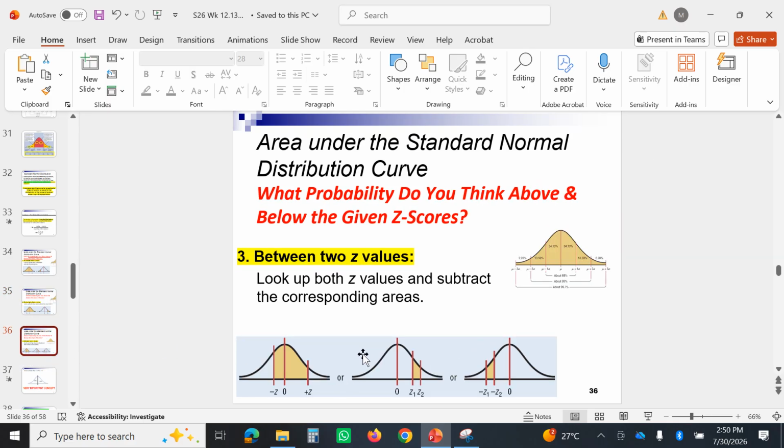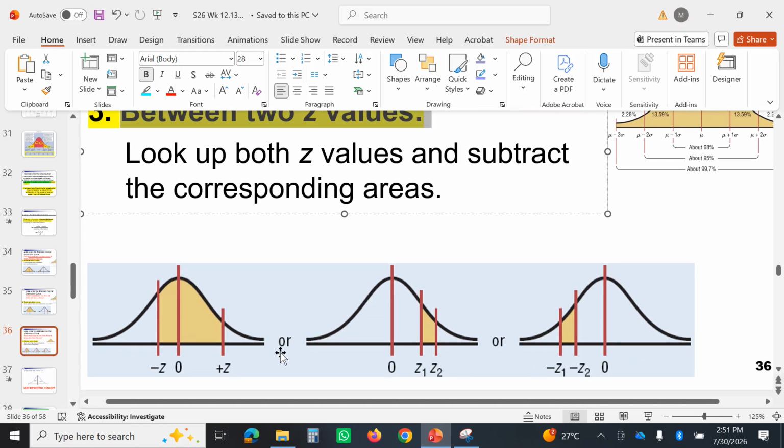This one here, double the trouble, but double the fun, right? I could ask you the probability between two Z values. So here, just zooming in, there's my mean, my 0. Here I have a negative Z value because it's on the negative, left-hand side.